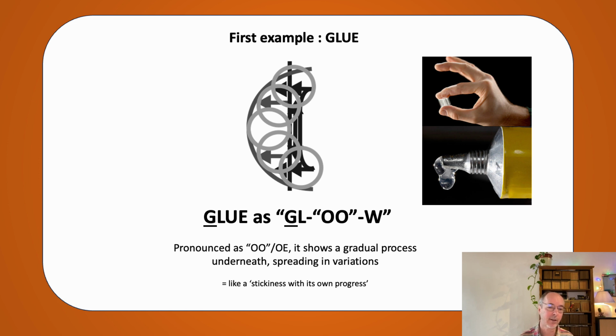We will not write it like that, but if we do, okay, we can also still understand it. It's the same thing. It has some variations underneath. It's spreading its variations. That's the U, and that will still have a stickiness with its own progressing points, where it's showing its progressions of stickiness.